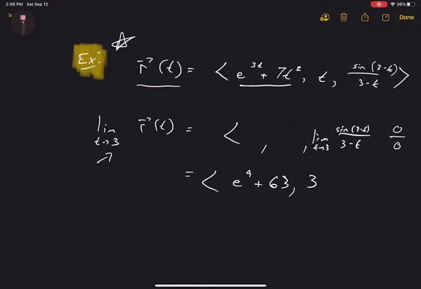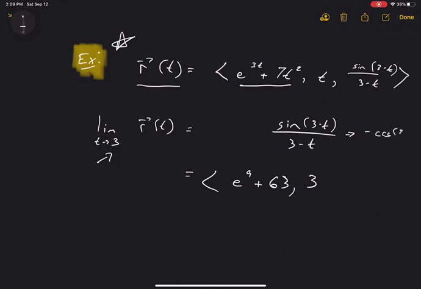What does that remind you of? That's L'Hopital's rule. So I use L'Hopital's rule on this third component to compute the limit. And what do I get? Let's just focus on this now. I compute L'Hopital's rule, and this becomes negative cosine of 3 minus t over negative 1, and the limit of that as t goes to 3 is 1.